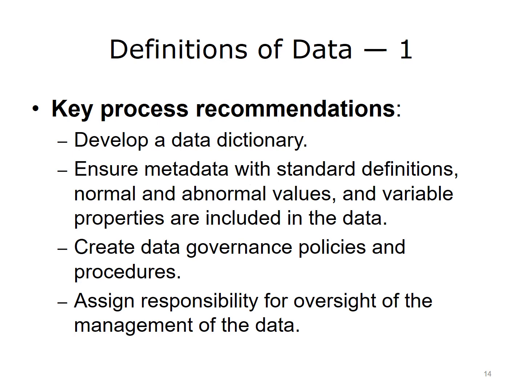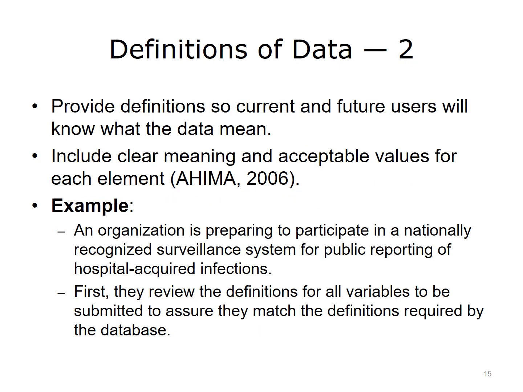Inaccurate data can result from mistakes that are made when data are extracted, transformed, or transferred to secondary data sources. Well-documented data definitions and rules that govern accepted values can protect against inappropriate use of data. A formal data governance mechanism should be established, with responsibilities assigned for oversight of data management and metadata. One of the most important functions you, as an HIT professional, can perform is to assist the team in the development of a thorough data dictionary.